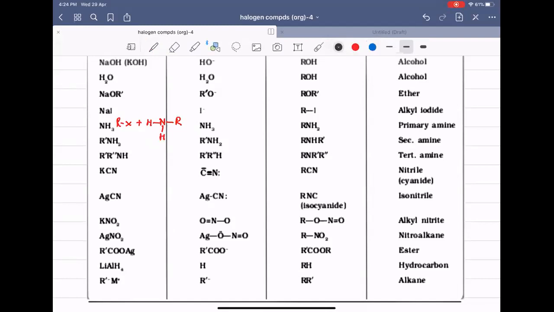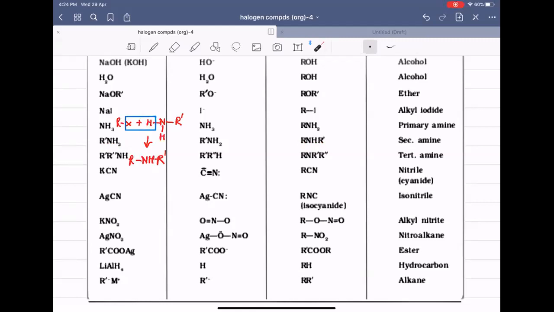Obviously you will have HX moving out, and you end up getting a product which is RNHR dash. So if you take R dash NH2, your product is RNHR dash. All you need to do is remove HX.